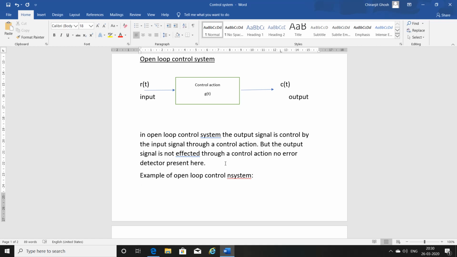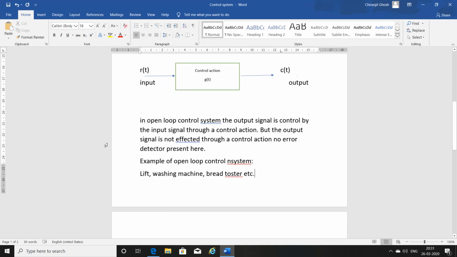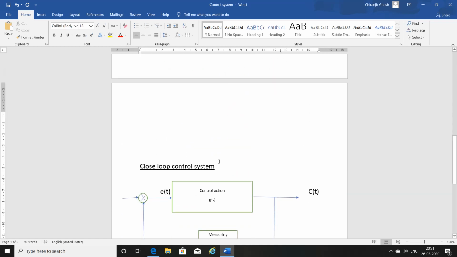The examples are lift, washing machine, coffee, bread toaster, etc. So this is the open loop control system. Now what is a closed loop control system?